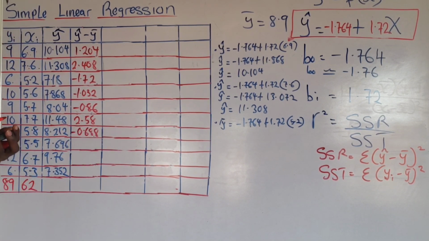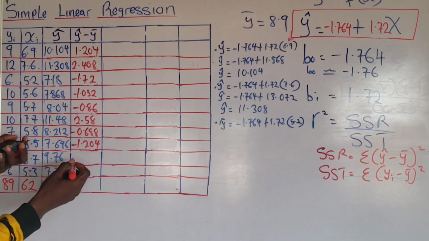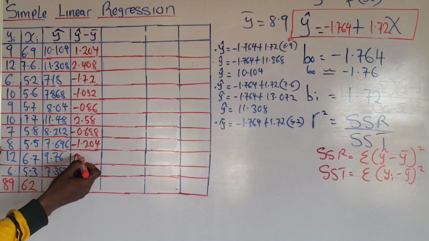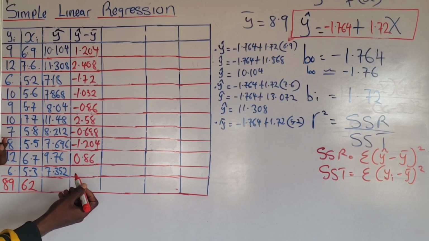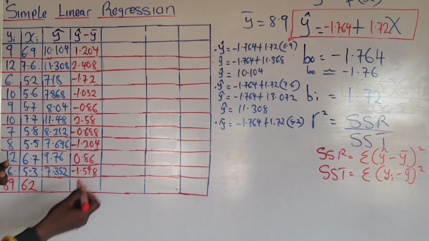And this 7.696 minus 8.9, that is negative 1.204. And for these cells, I'm going to have 0.86. Then for this, I'm going to have negative 1.5848. Do you understand? Okay.